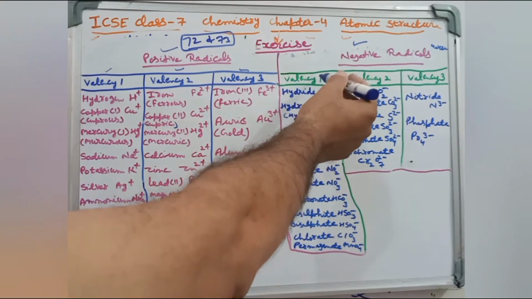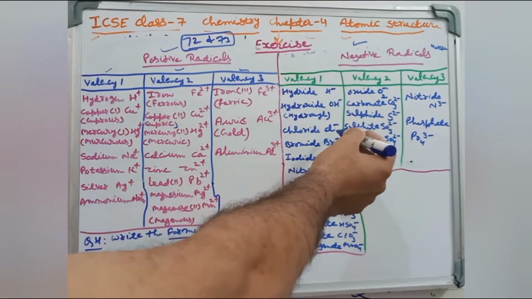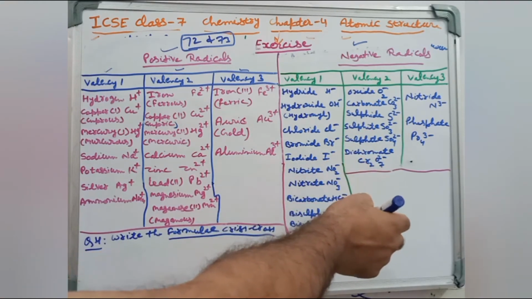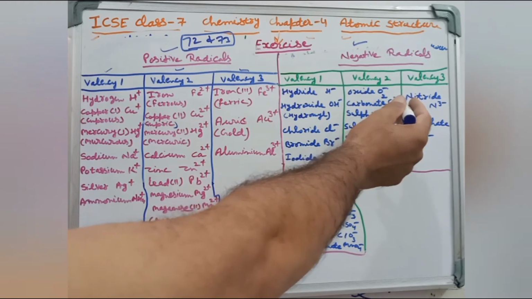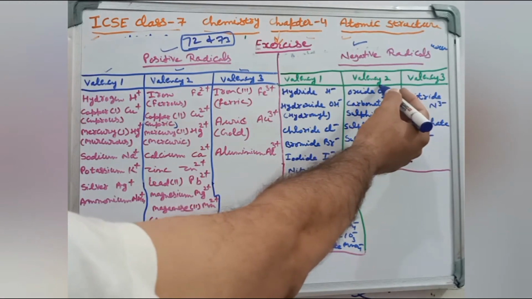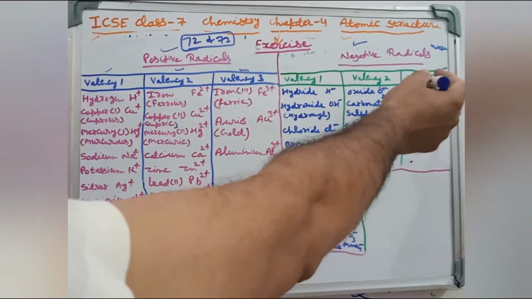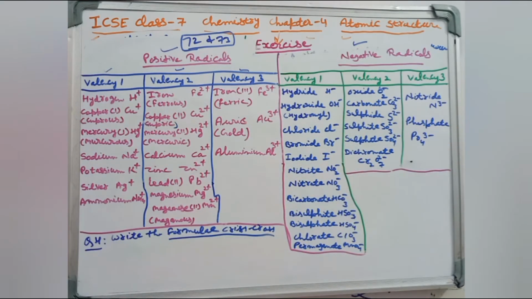In the same way, H minus, a single minus sign, means valency 1 for negative radicals. 2 minus means valency 2, 3 minus means valency 3, right? You have to keep in mind these positive and negative radicals.